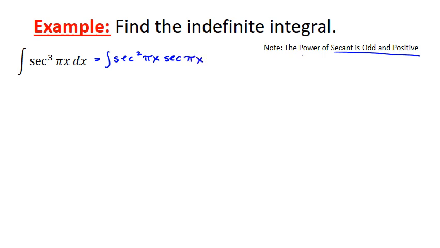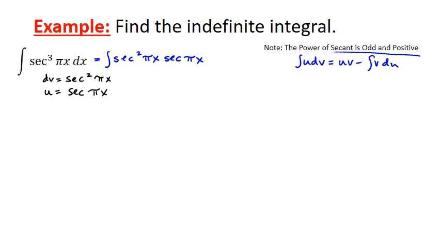So using integration by parts, I want you to remember that the integral of u dv is equal to uv minus the integral of v du. So in this case here, applying integration by parts, I've rewritten this because I want to let dv equal the more complicated trig function, which is this. So if this is dv, then u is secant of pi x.